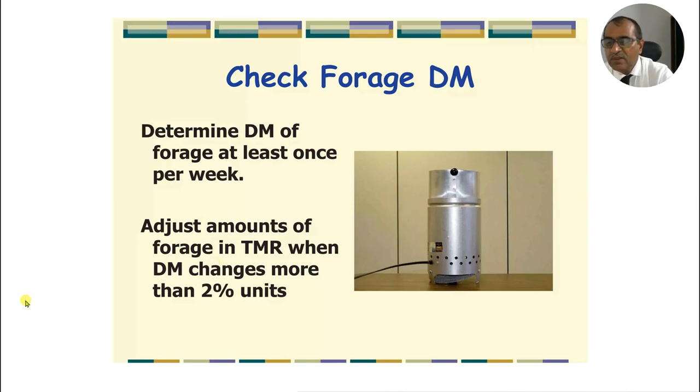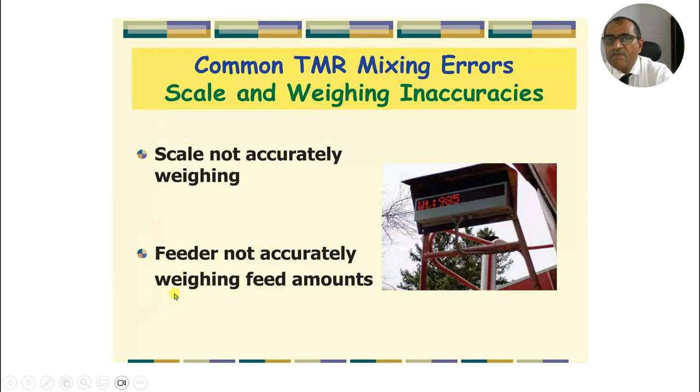Then the common TMR mixing errors. There is always an error that the scale is not accurately weighing. There is a scale here, or whatever scale part we use, and the feeder not accurately weighing the feeding amounts. Both are possible.